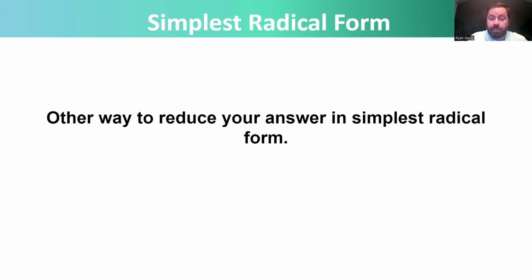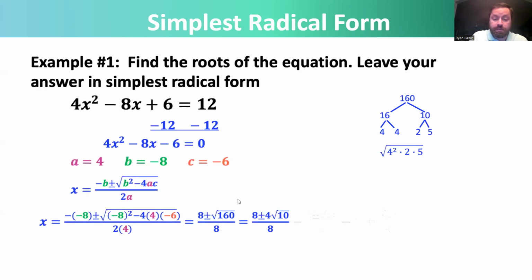There is another way. I'm going to show you the same problem, reducing it a little bit differently. So back to where we started. Everything's the same. Just make sure you're with me here. We got 8 plus or minus 4 radical 10 divided by 8. Rather than splitting the two fractions up into 8 over 8 plus 4 radical 10 over 8, I'm going to reduce all three numbers on the outside. It's essentially the same thing I did with the previous method, but I'm going to do 8, 4, and 8.